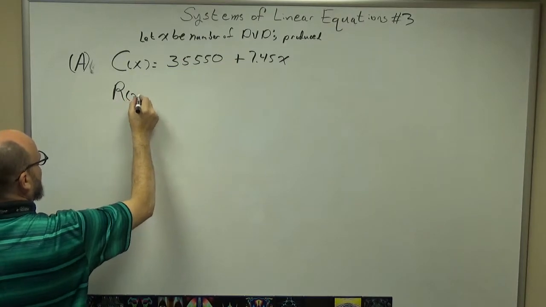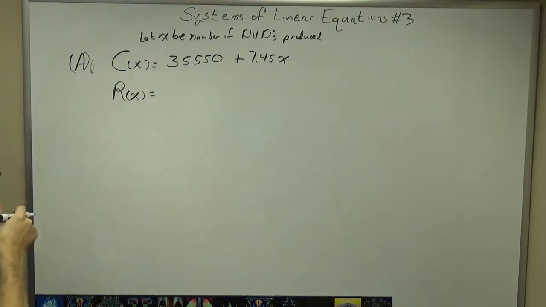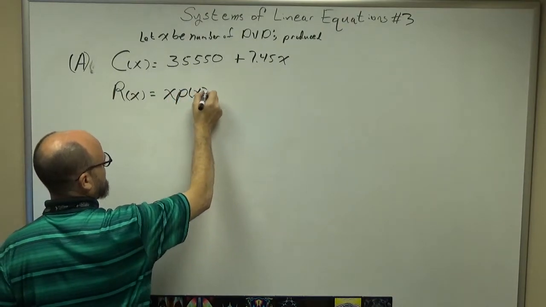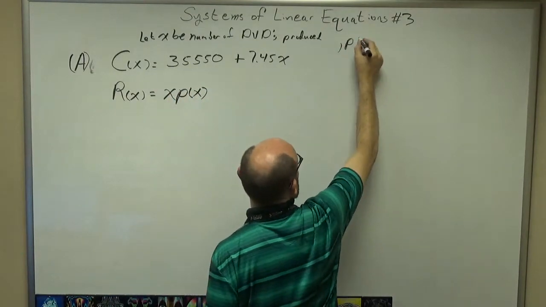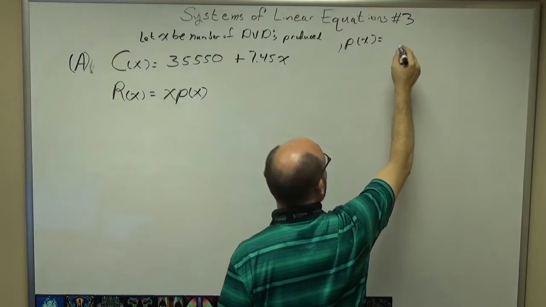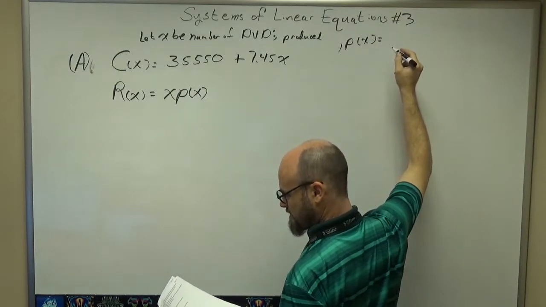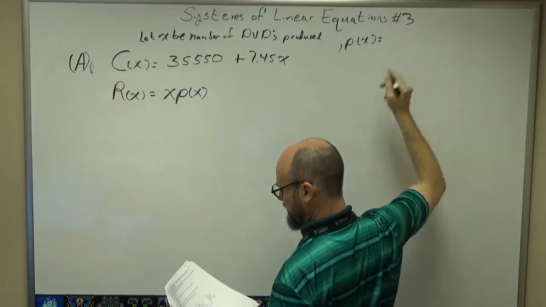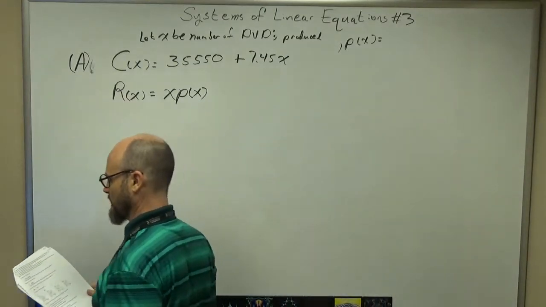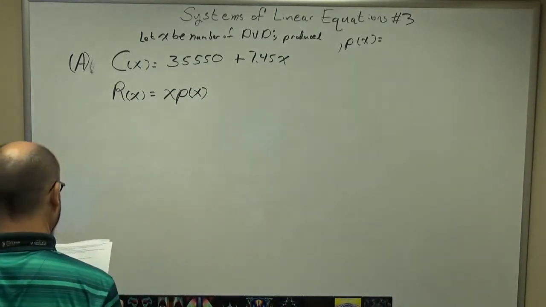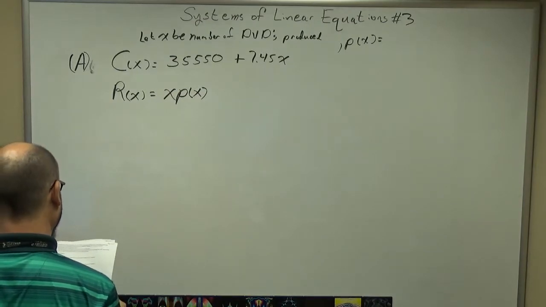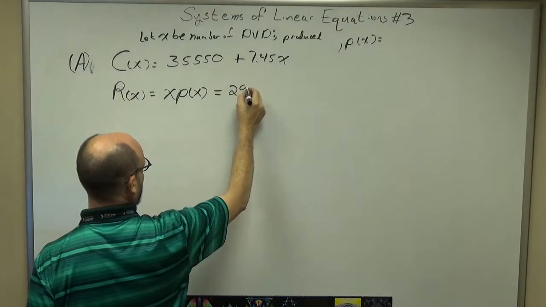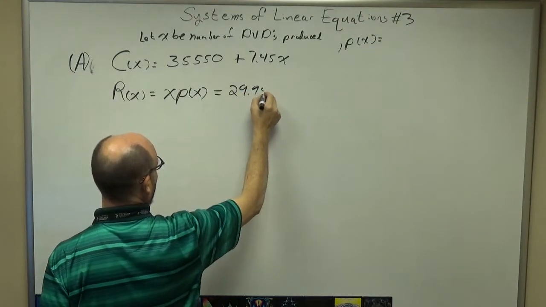And here we know that the revenue is x times p of x, but they just told us that the price was $29.95, so we actually don't need to multiply. This one's kind of easy. We're selling them for $29.95 each.